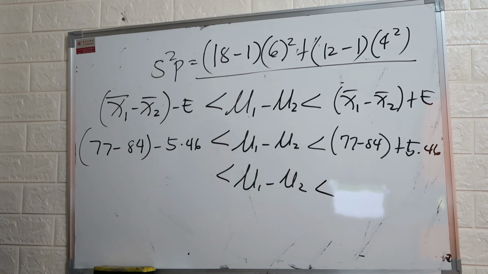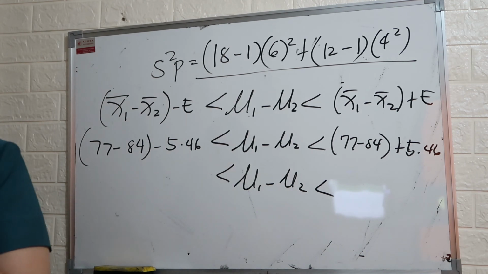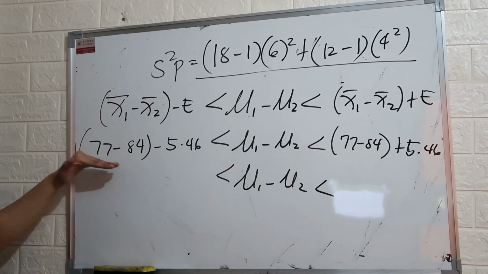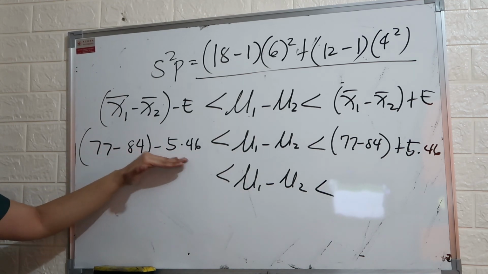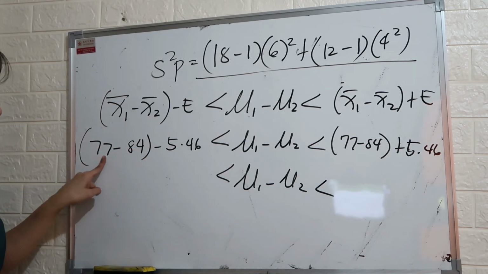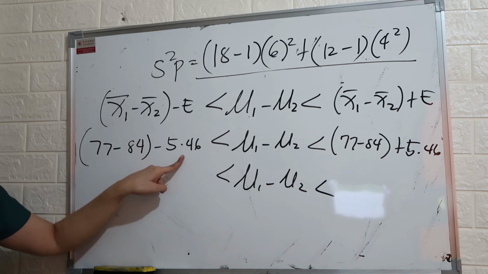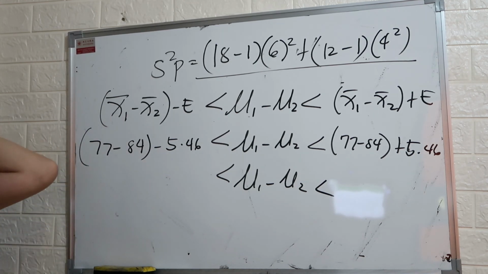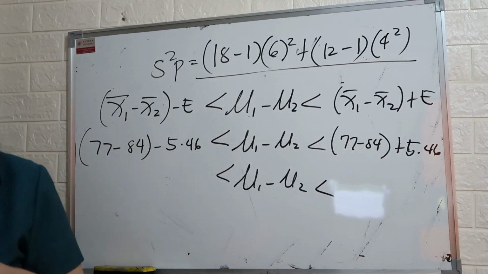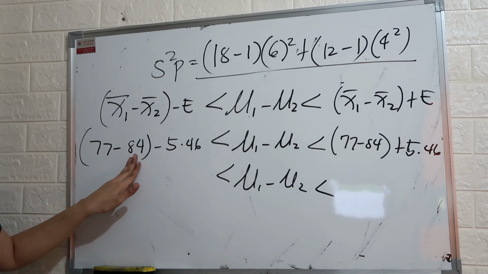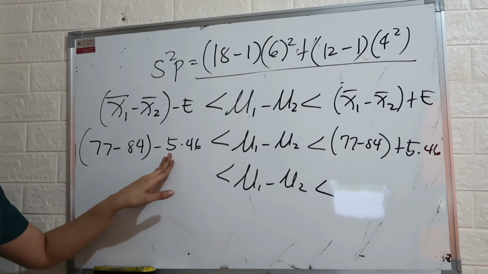Can you please check again? Let's do this first: 77 minus 84 minus 5.46. What's the answer?